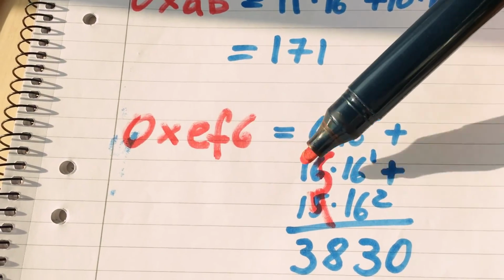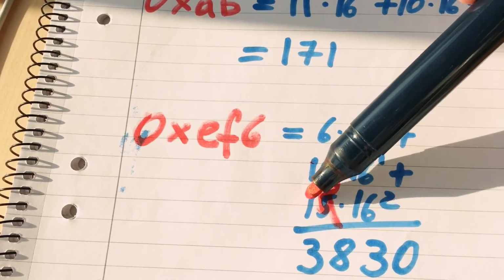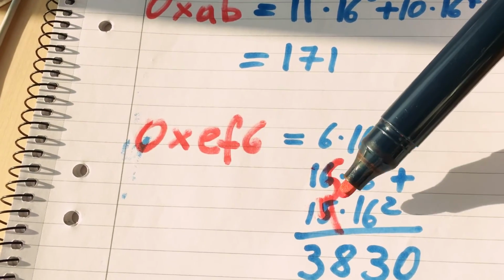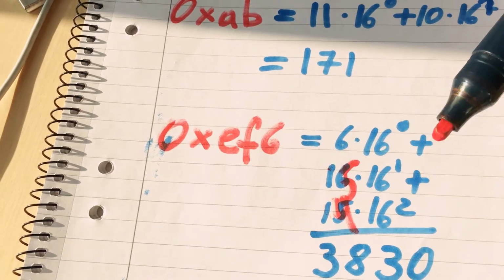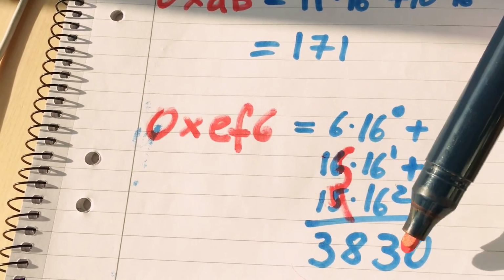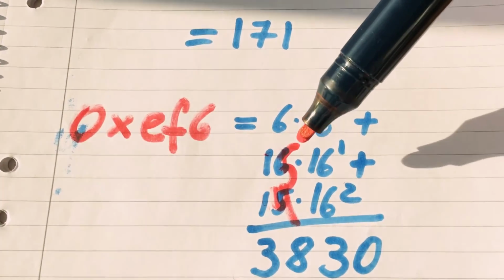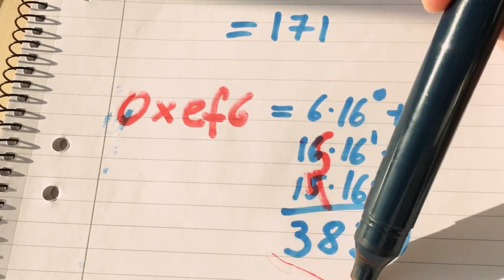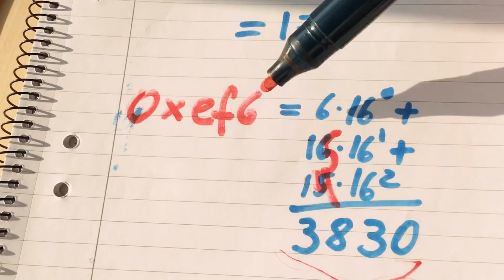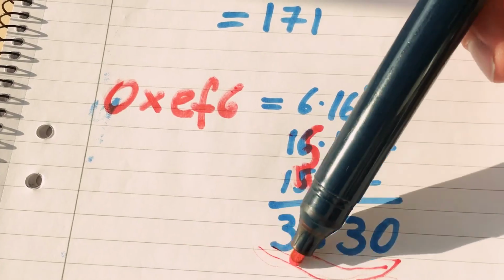So 15 times 16 to the power of 1, and then 14 times 16 to the power of 2, and we'll get this answer. And this has to be correct because I calculated this by hand beforehand. And then we get this number in base 10. So this number in base 16 is actually equal to this number in base 10.